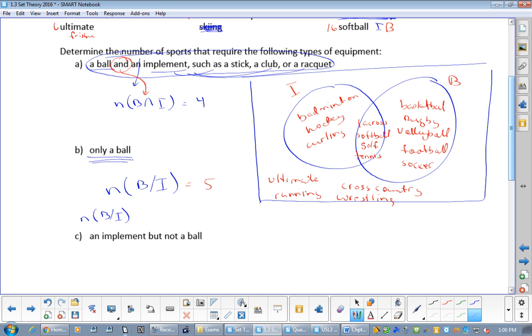Number of ball not implement equals number of ball minus number of I intersection B. Is that true? Yes, no? Okay, is this part here equal to ball minus the and? Yeah, it is, right?